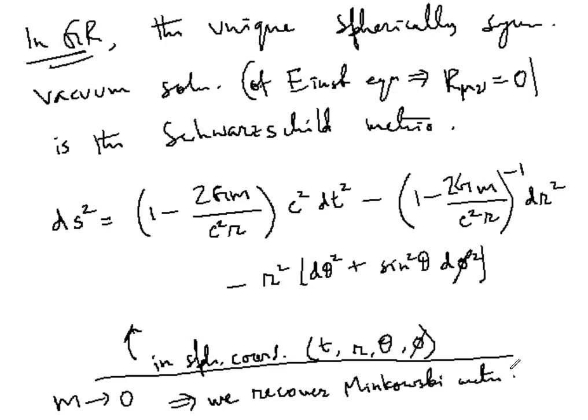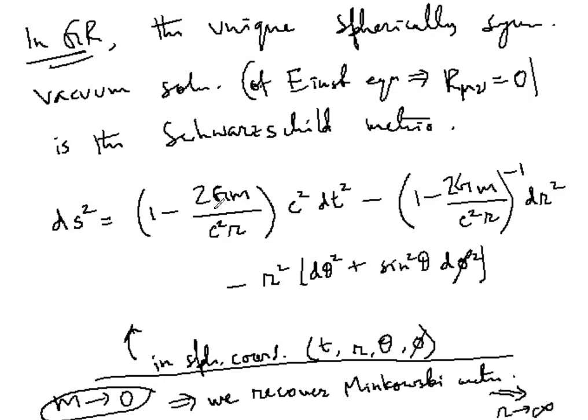Right. So basically, you can say that this is also possible when, so there are two cases. One is when m tends to 0, and another is when r tends to infinity.